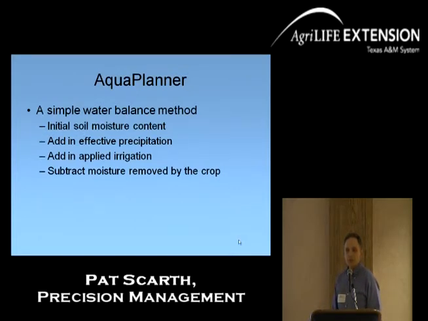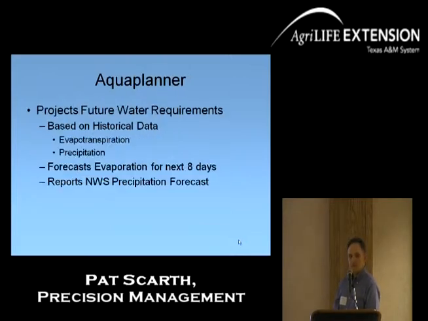It's just a simple water balance method, and it's just kind of like your wife's checkbook. You put in some money and keep track of how much she spends at the shoe shop and the dress store, and then just try to keep it up above the zero line. But that's all we're doing. We're just keeping track of the soil moisture balance.